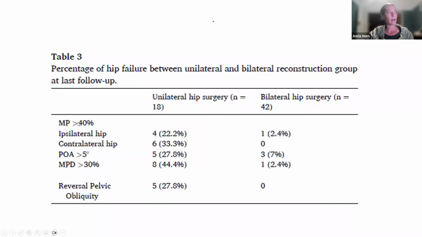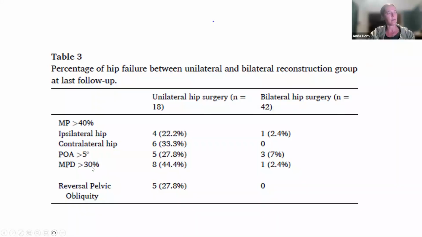So in the ipsilateral hip, they had 4 recurrences compared to 1 for bilateral hip surgeries. The contralateral hip, 6 as opposed to 0, obviously, because you put the other one back in. The pelvic obliquity didn't increase as much in the bilateral hip surgery ones.